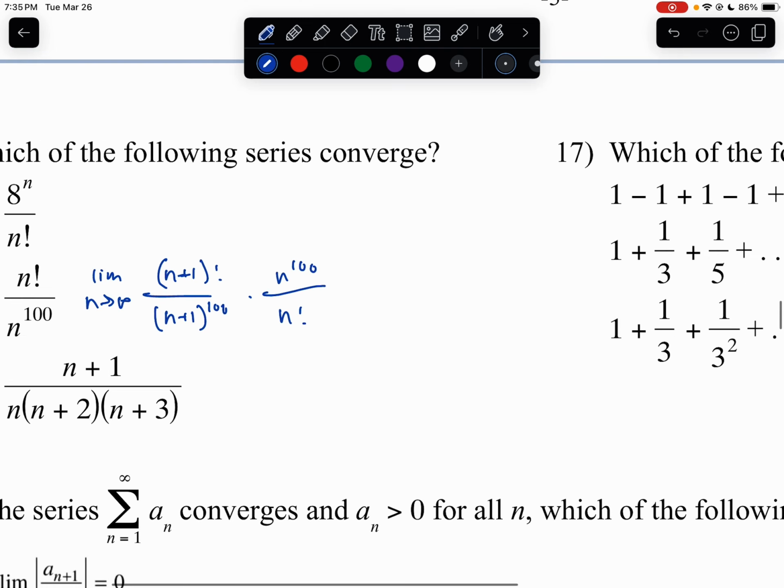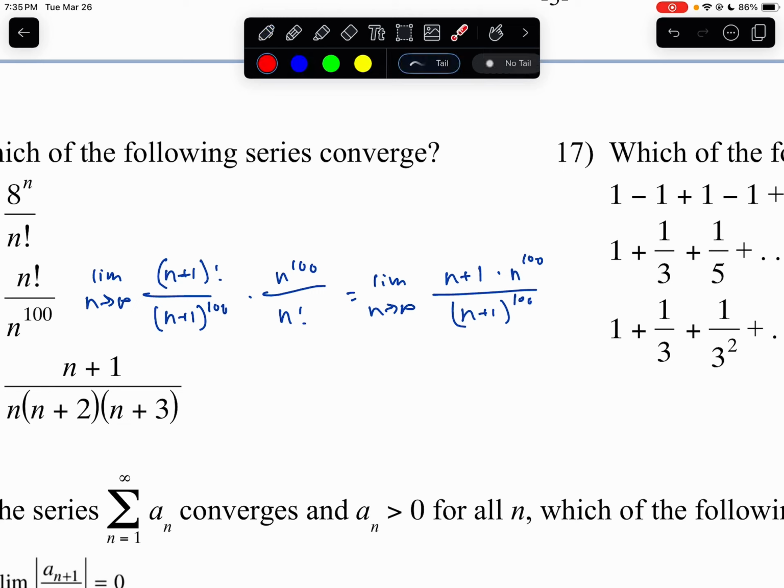If you simplify, n plus 1 factorial over n factorial is n plus 1, times n to the 100 over n plus 1 to the 100.